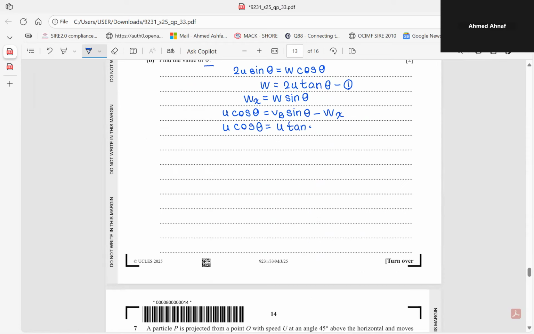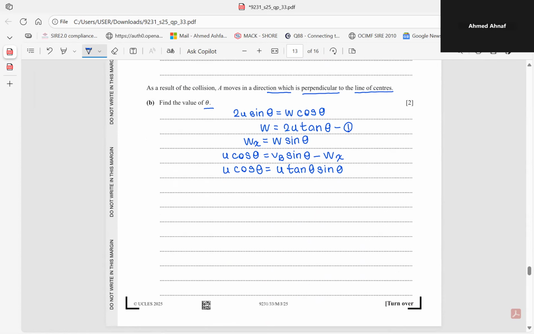So u tangent theta sine theta, and WX is just W sine theta, and W is 2u tangent theta. So WX is just 2u tangent theta sine theta, so minus 2u tangent theta sine theta.